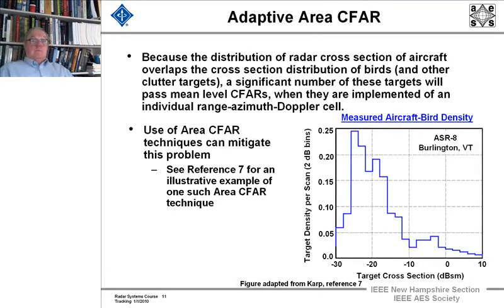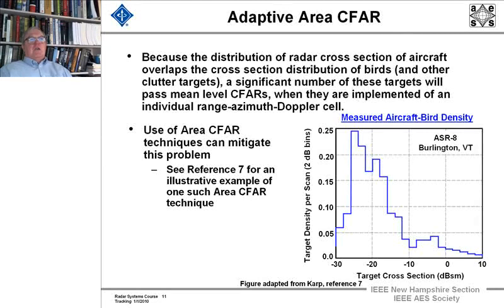So if a giant flock of birds came through, one area might be desensitized while the flock came through, and then automatically this system would sense that you're not getting false alarms, that you need to do that, and it could slowly move back down.